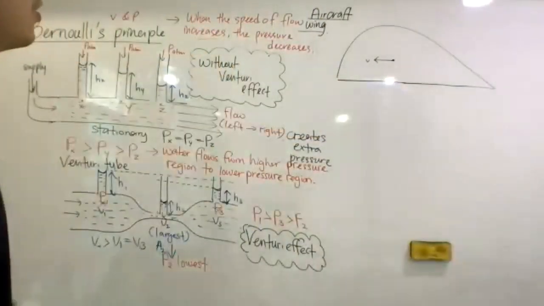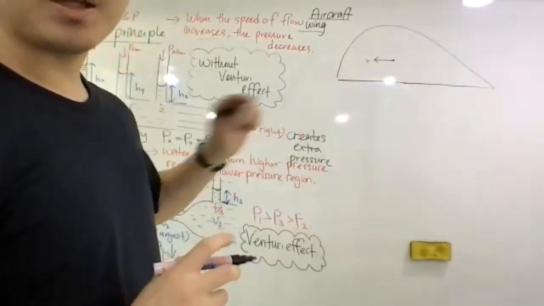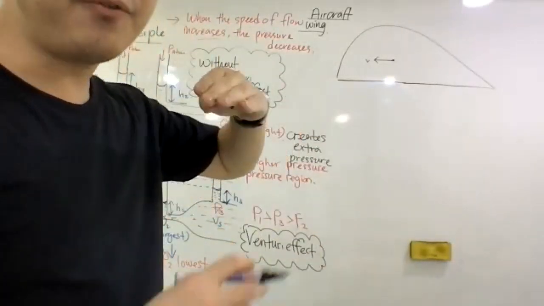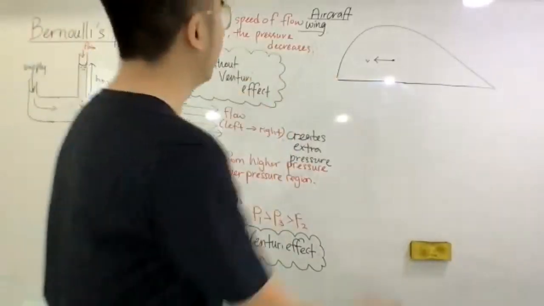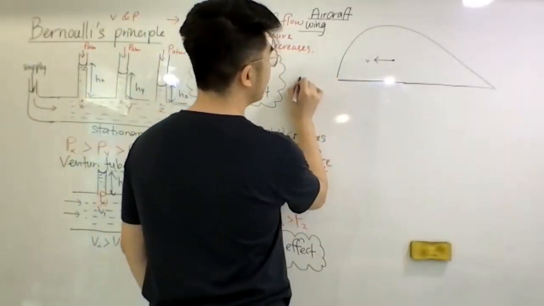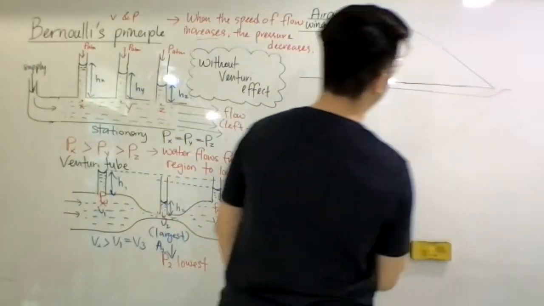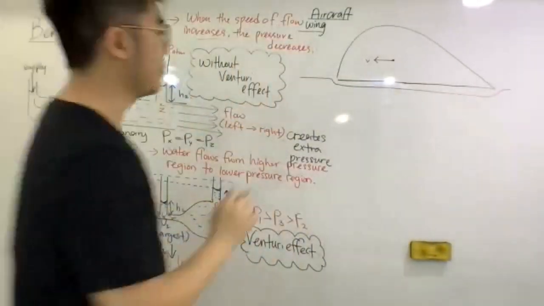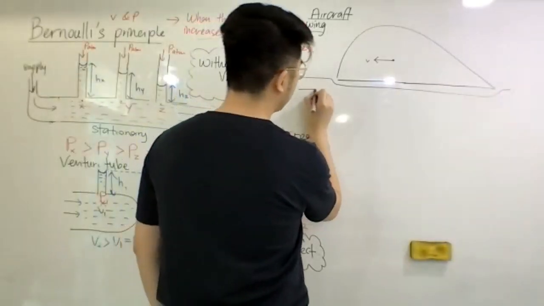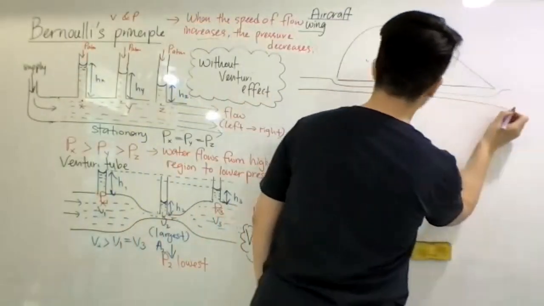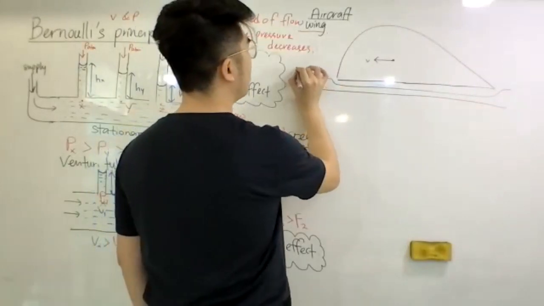All right? So if I want to draw how the air flows over the aircraft wing, then it looks like this. This is the air. I will draw streamlines, just like how we did previously, right? So I draw streamlines. This is the second streamline. The third streamline goes like this.